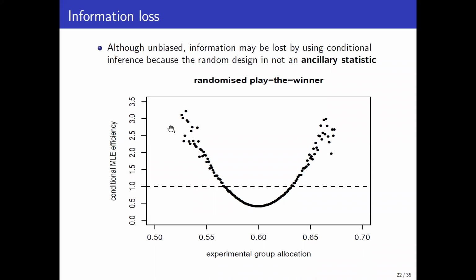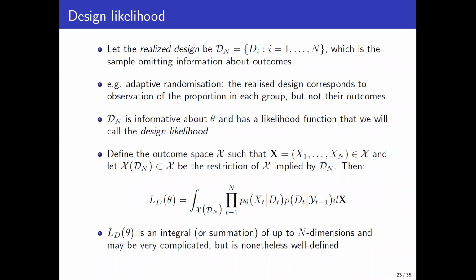For the atypical realizations of the design, however, we're getting quite strong improvements in efficiency by using the conditional approach. So the point is that by using a conditional approach, we can get rid of the bias, but we may also be sacrificing information. And so we need to think about balancing those two competing principles, essentially.